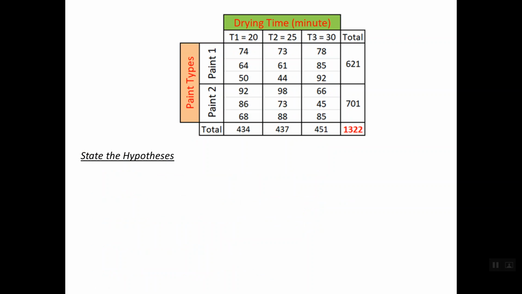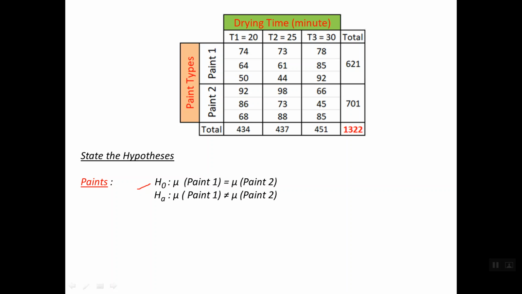First of all, we should state the hypotheses. In the case of the two-way analysis of variance, we have 3 null hypotheses. For the first factor, which is the paint types, the null hypothesis states that the average finishing of the part using paint 1 is the same as the average finishing using paint 2.